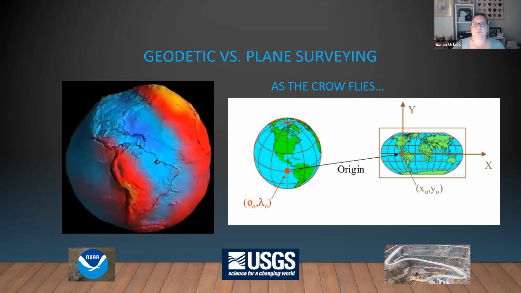We're going to stick with plane surveys. You might come across some problems later on. We might introduce what you have to do if you're dealing with a much bigger scale, but for the most part, most of what we will deal with is going to be the nice, flat, linear, simple stuff, okay?